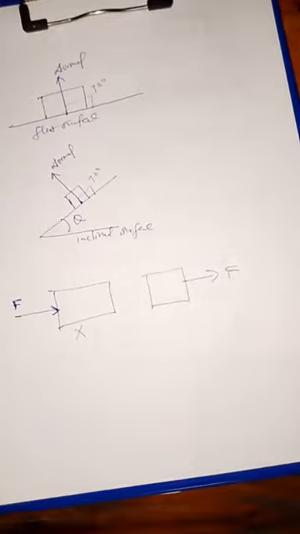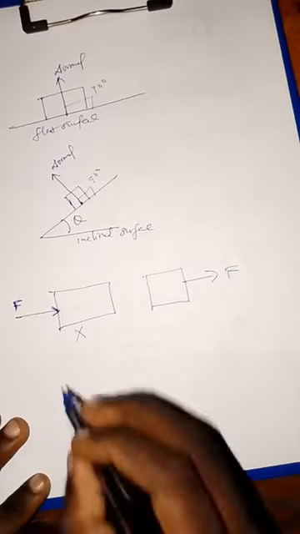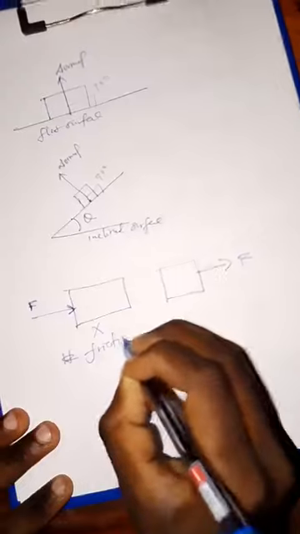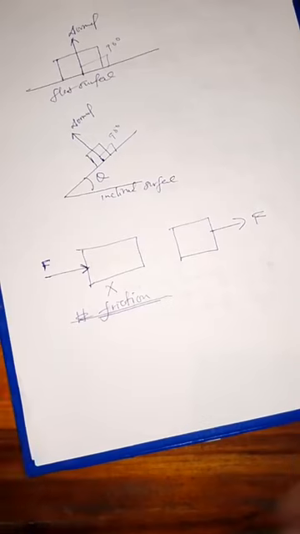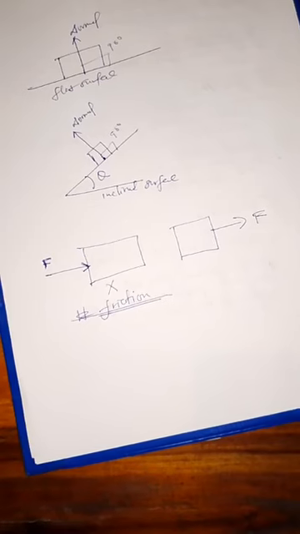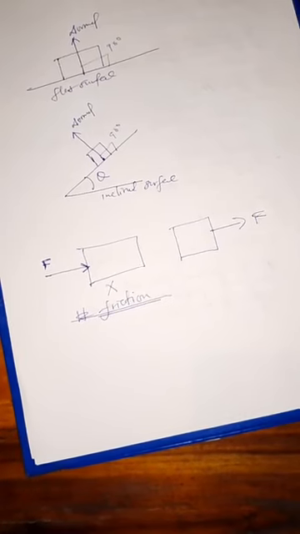Now let's move to another thing. Let's talk about friction. We all know friction always opposes the movement of an object. If an object wants to move right, friction will point to the left.